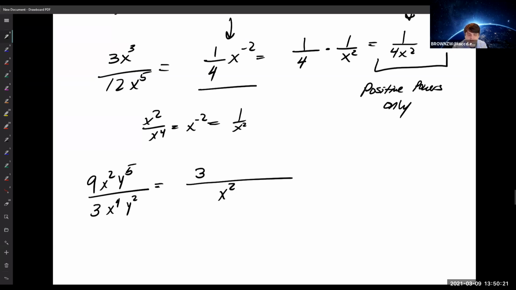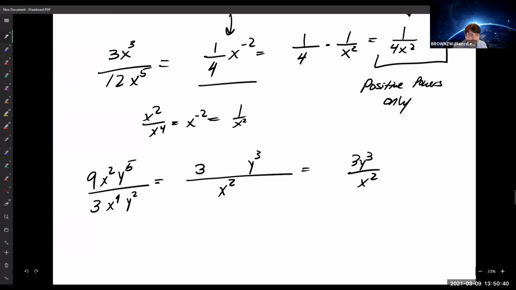And then lastly, we have y to the 5th over y squared. Subtract that out, that's going to give me 3. And the 5 is bigger, so that's going to be a y cubed up top. So then just rewriting it so it looks normal: 3y cubed all over x squared.